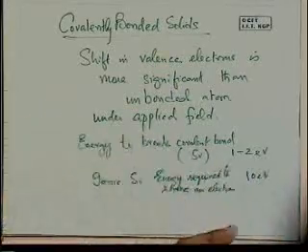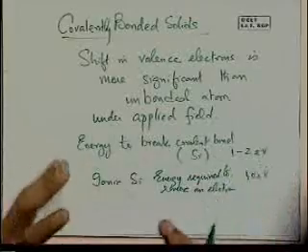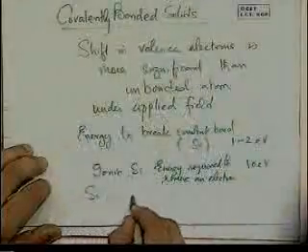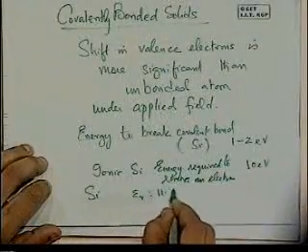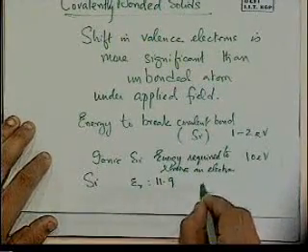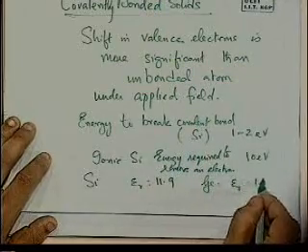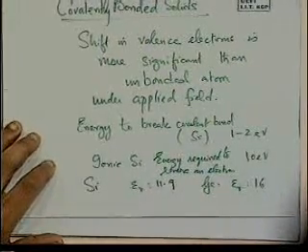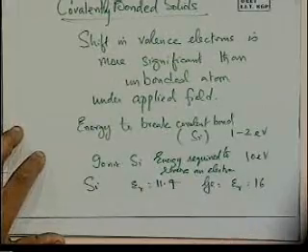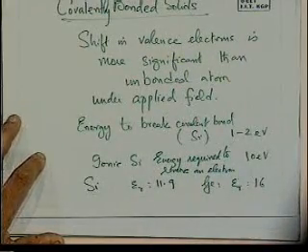So when you want to move things around, in the case of the covalent bond, that shift will be more than in the case of ionic solids. As a result, in silicon, we can have a relative permittivity of 11.9, pretty high. And for germanium, it is around 16. So it's the same electronic polarization we are talking about, except we are dealing specifically with the shift in the valence bonded electrons.